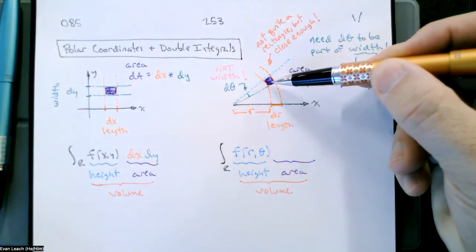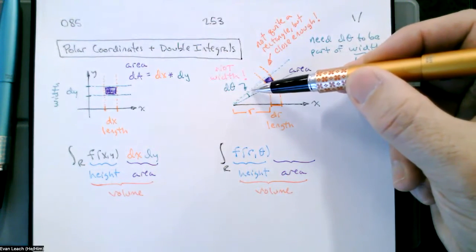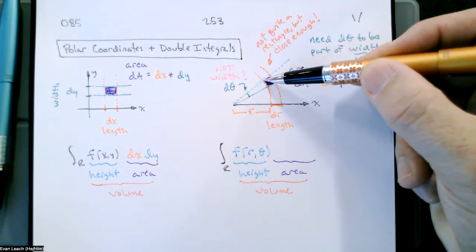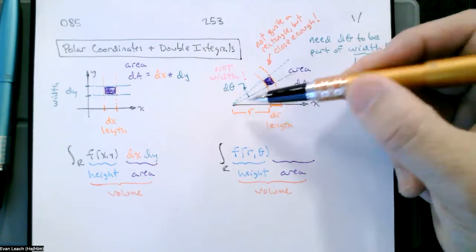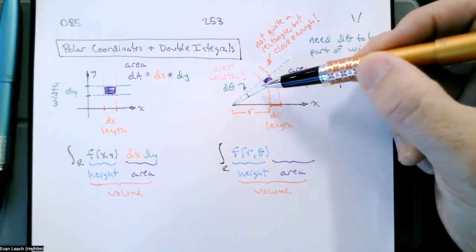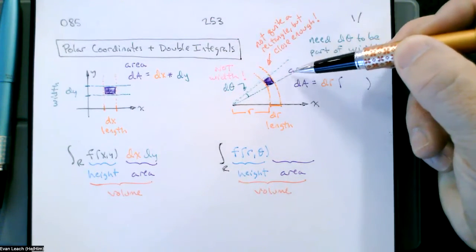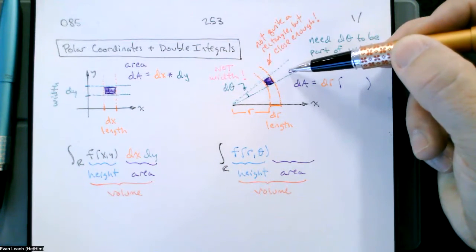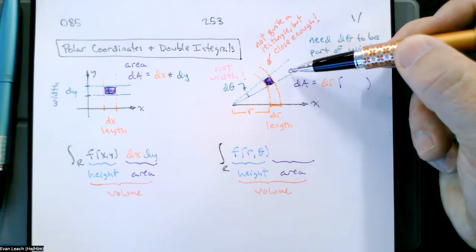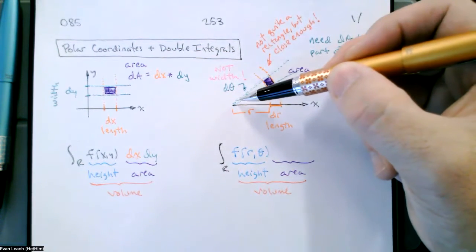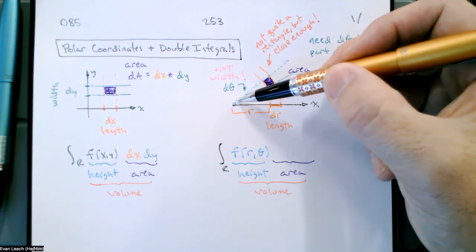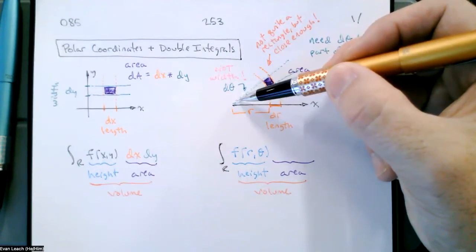So if this box is close to the origin, then this little orange side is small. But because of the way angles work, the further we are from the origin, the longer that little orange side is going to be. So if we're down here close to the origin where r is very small, we've got this little tiny orange side.